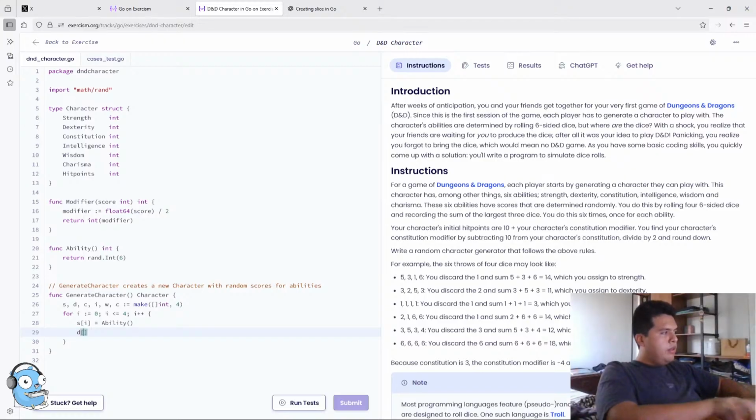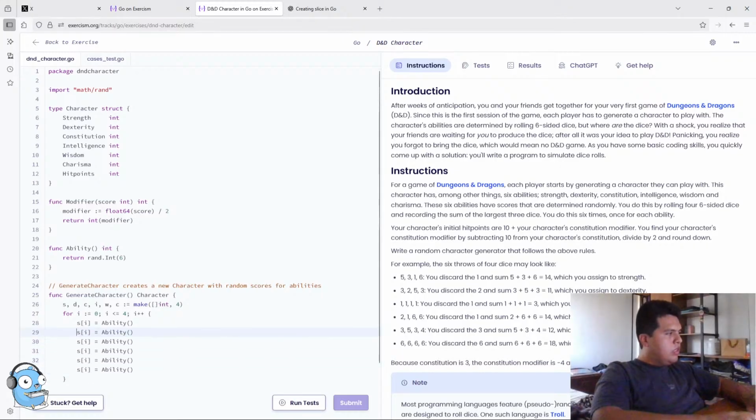The same thing with d, c, i, w, c. I will put that as a k because I don't want to modify the i, the w, the c.